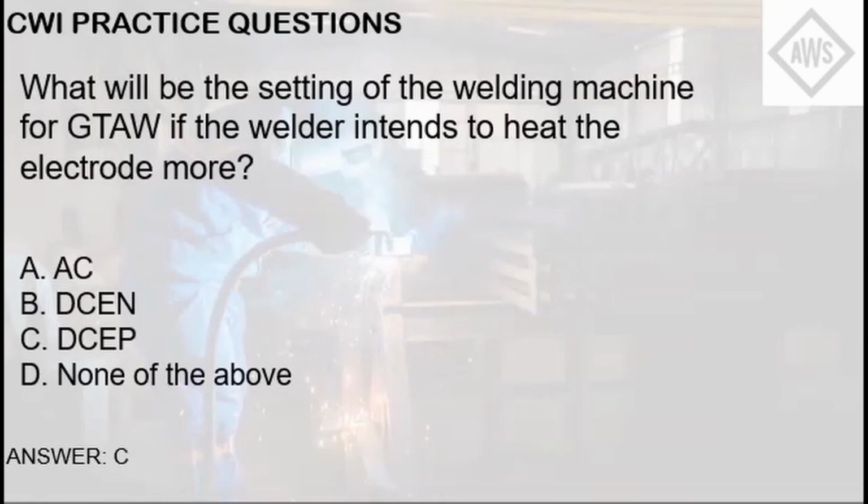They might say it as straight polarity or reverse polarity. I might have mixed it up, but you can basically search it up if you want to confirm the equivalency of DCEN, if it is straight polarity or reverse polarity. So you can do your due diligence as well.